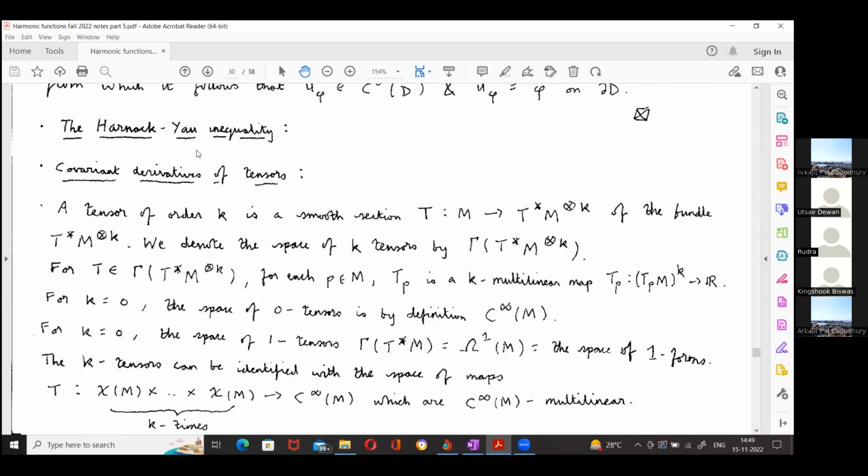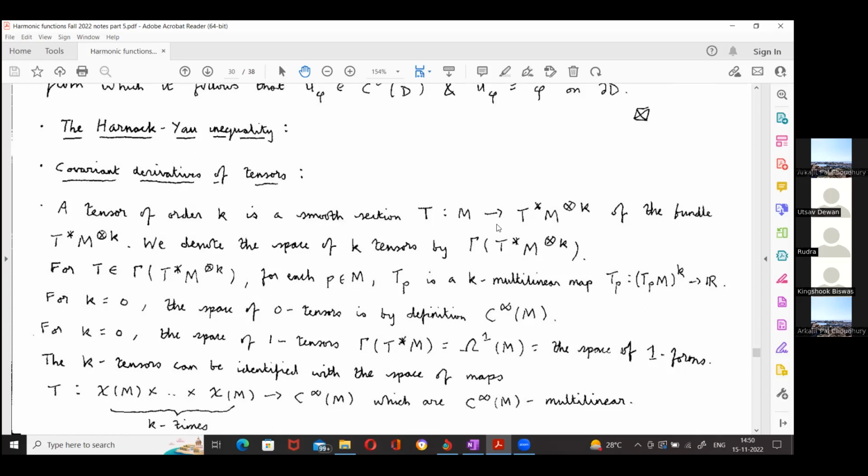So we'll be proving the Harnack-Yau inequality now. But before we do that, we need a little background, because there will be some computations involving derivatives of tensors. So first, let's recall what a tensor of order k is.